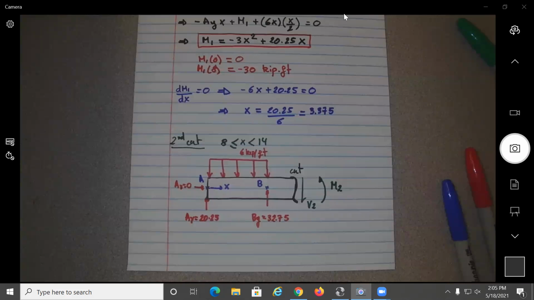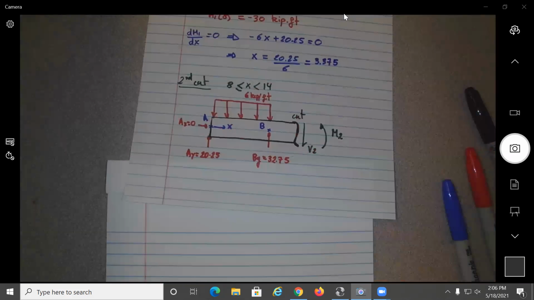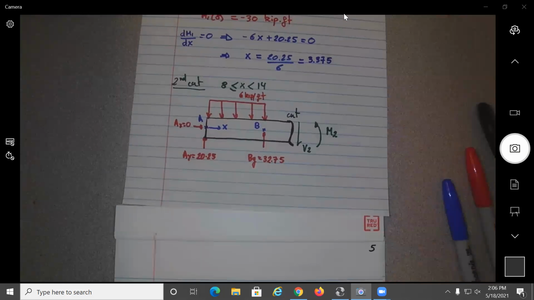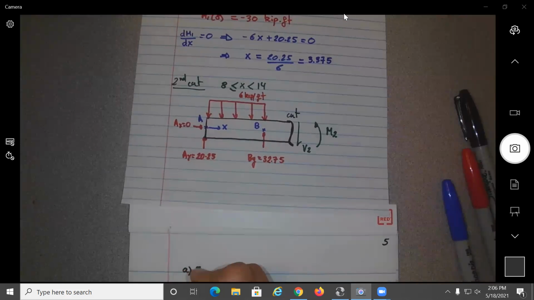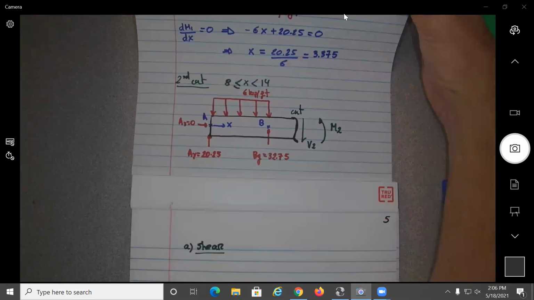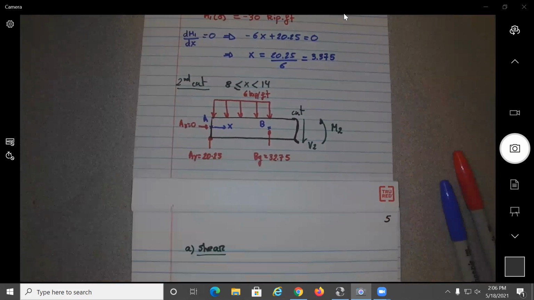Okay. All right. So again, now letter A will be to find the shear. What is the equation we're going to use? It is the summation of forces, no? So let's do letter A. We need the figure. Shear. What do we have?